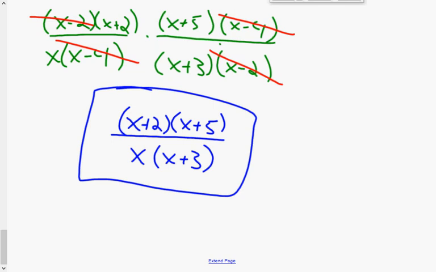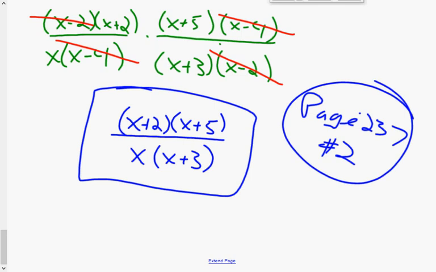Page 327, number 2. Sorry, I'm dyslexic. I did it again. 327, number 2.